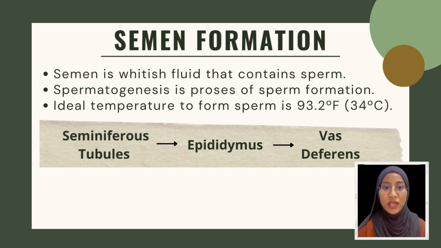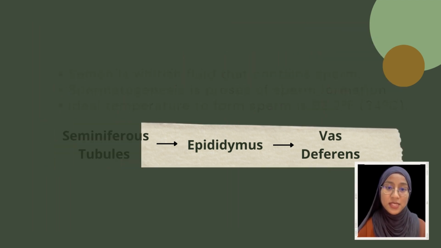You should know that if overheating occurs, dysfunction of the sperm might happen. Once the sperm is formed, it moves from the seminiferous tubules of the testicle into the epididymis, where it becomes motile and is stored. Then, sperm travels through the vas deferens to the seminal vesicles and prostate gland, whose secretions form semen.